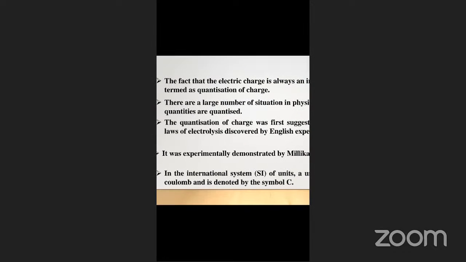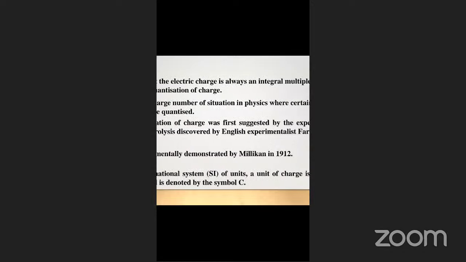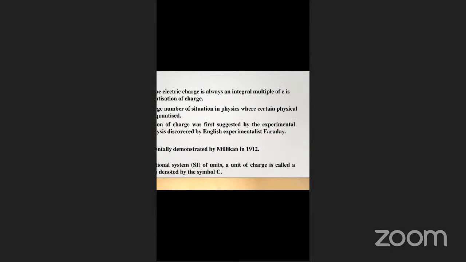Next point, the quantization of charge was first suggested by the experimental laws of electrolysis discovered by the English experimenter Faraday. Already you know the scientist name Faraday.